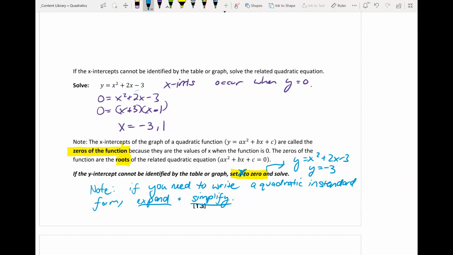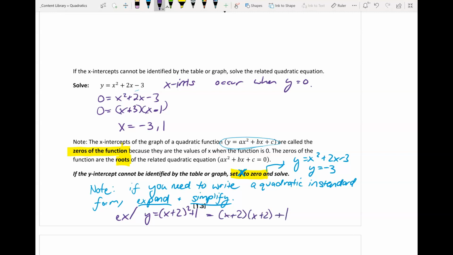And the last note here before I end this video, if you ever need to write a quadratic equation in standard form, which looks like this right here, you would just expand and simplify. So for example, let's just say I have something like this. What you need to do is expand this x plus 2 squared.